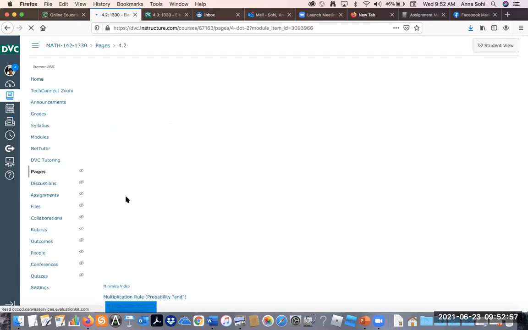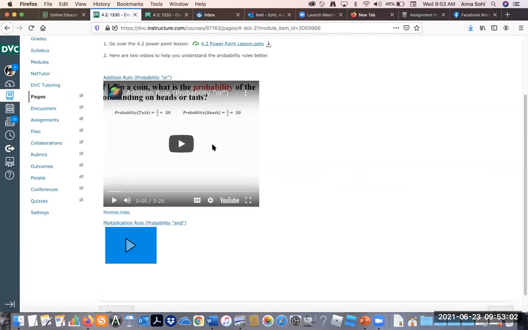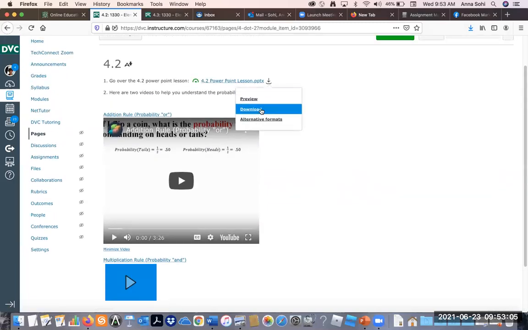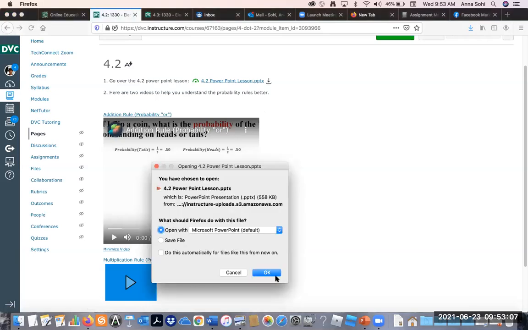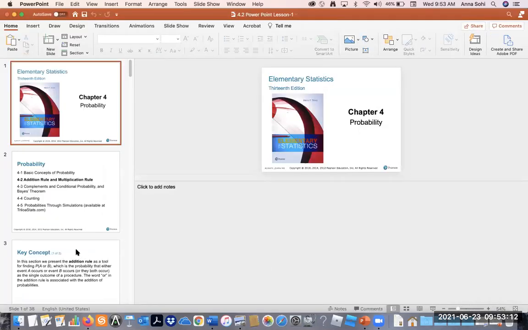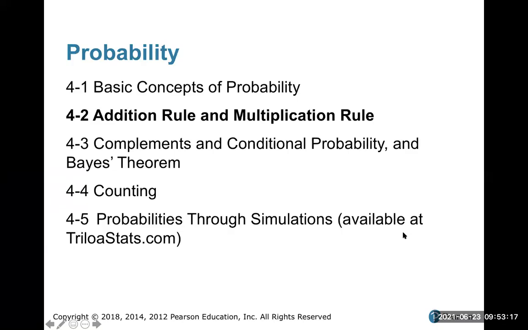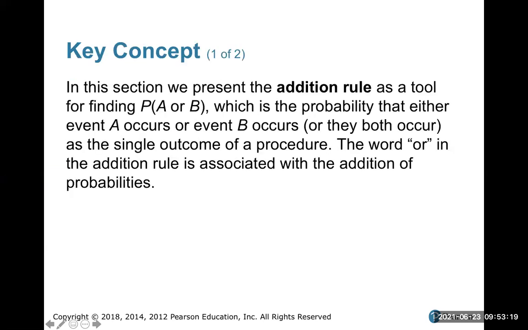Okay, 4.2. Addition rule, multiplication rule. The addition rule is the probability of one event or another event.